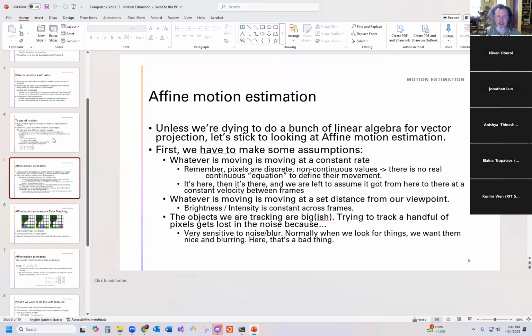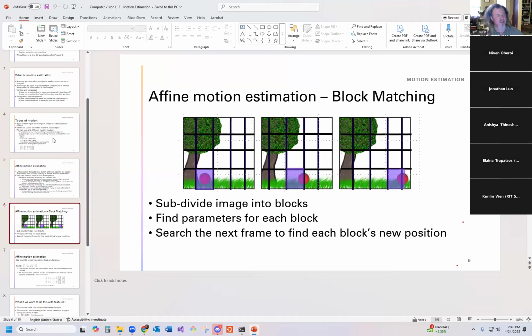It's the flip side of feature detection, matching and extraction, where a blurry image is good because it slows down gradient descents and helps us find them easier. In motion estimation, blurriness is a bad thing because we're already working with estimations in the models we use, so adding noise makes the estimation even more of an estimation.